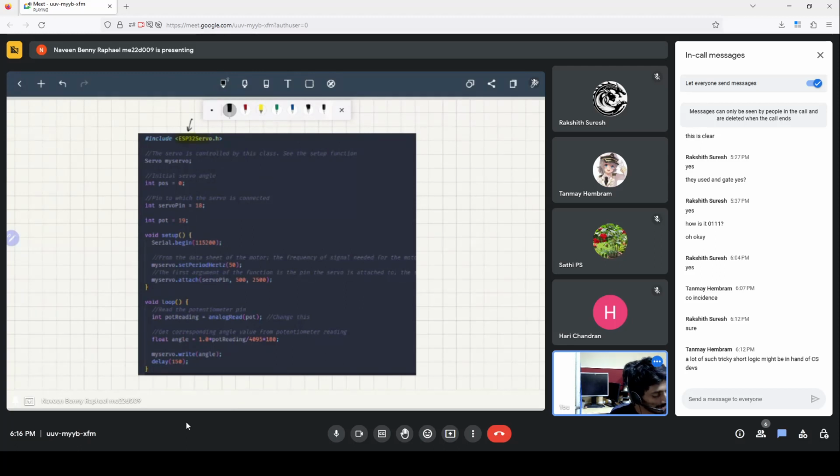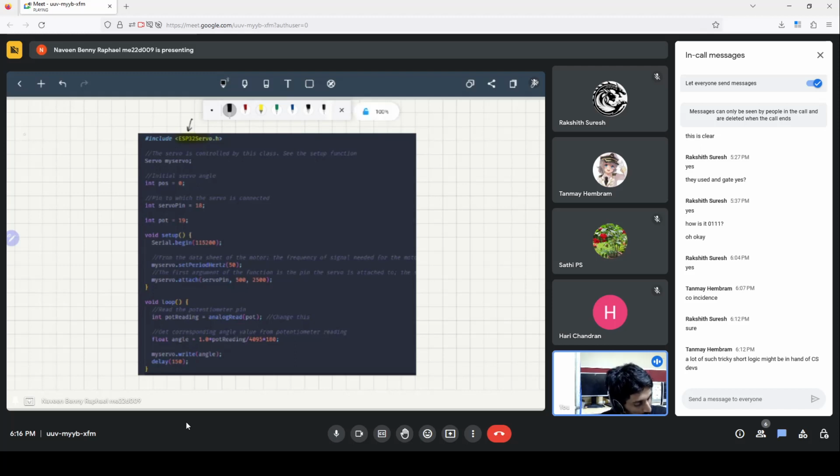The premise is simple. We have a potentiometer, and we are going to use the potentiometer as an input. It's an angular potentiometer, and depending on the angle we move it, the servo, which is a rotary actuator, is rotated to a similar angle.